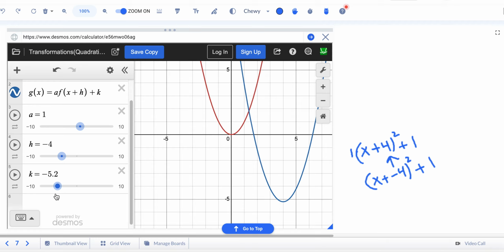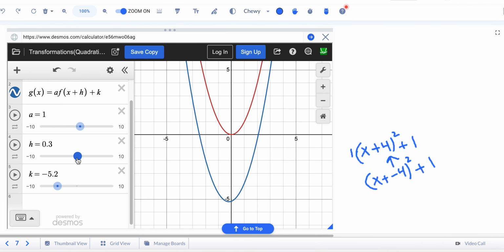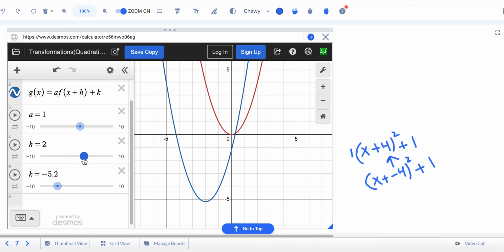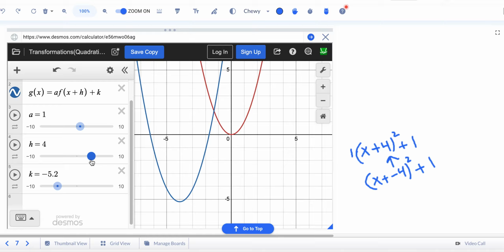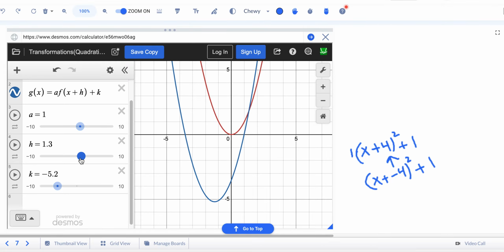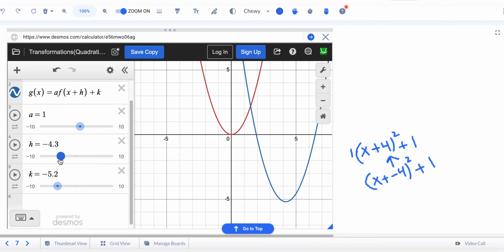So you see, my k moves my graph up and down. My h moves my graph left and right. We move to the left if I'm adding a positive number, but if we're subtracting, if I have a negative number, then we move to the right.